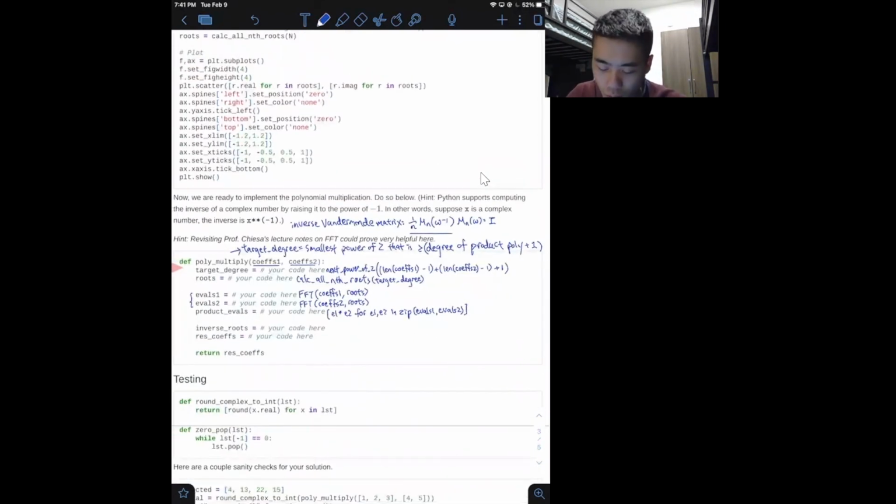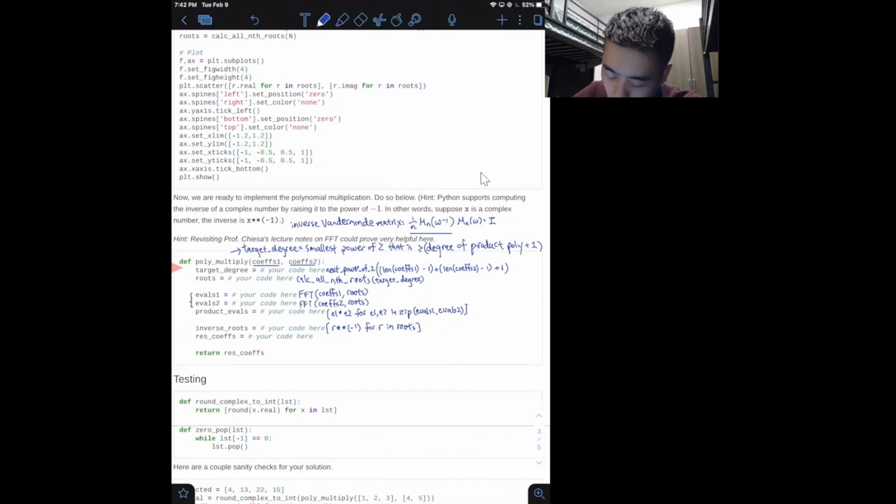All right, so my inverse roots, I'm basically going to calculate the list of omega to the negative 1, so that's simply r to the negative 1 for r in roots, right? I just took my list of roots from earlier and inverted all of them, by raising them to the negative 1 power, which is the same as taking the conjugate of that complex number, okay? All right.